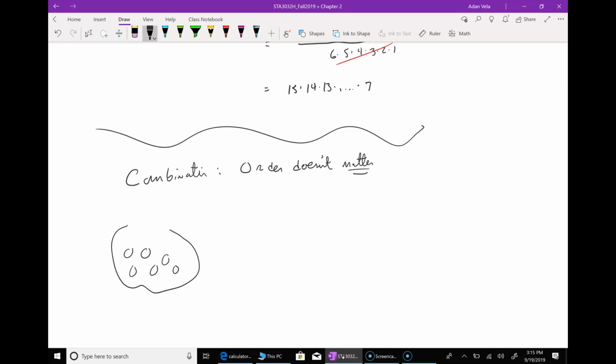And so if we want to count the number of combinations, we're going to end up using a slightly different equation, right? C sub k of n. And sometimes it's written this way. And it's given by n factorial over k factorial times n minus k factorial.